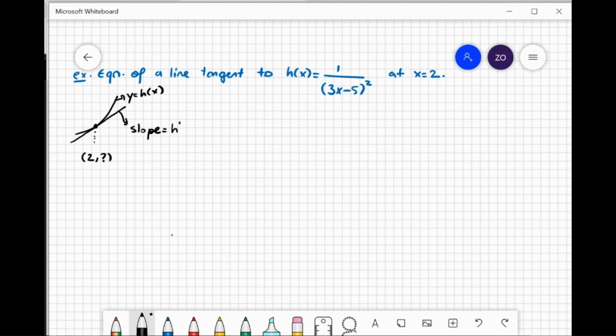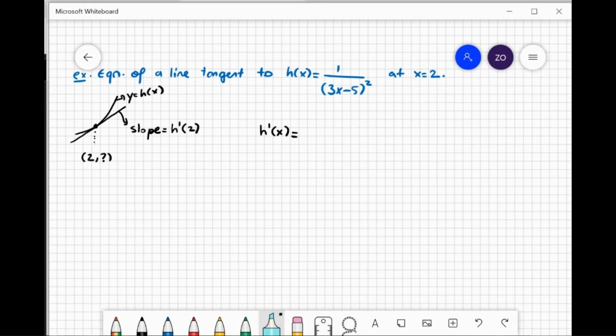So the slope will be the derivative of h at 2. So we should find the derivative of the h function, and then we can plug in 2.